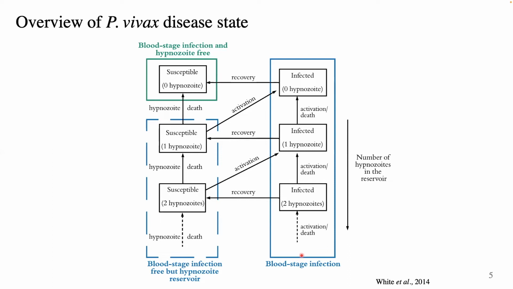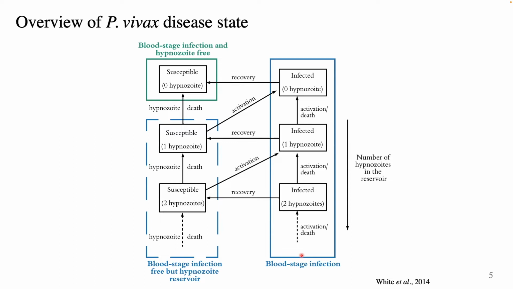If a hypnozoite dies because of the death of the host hepatocyte cell, you have one less hypnozoite. That means currently you have 4 hypnozoites, but you're still infected. But if you recover from the infected status, you become susceptible, but you still have hypnozoites. That means you are susceptible to relapse and again suffer from blood stage infection.